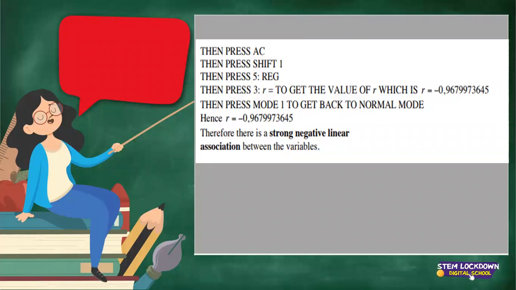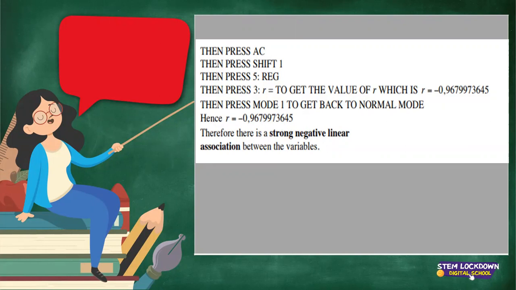So to comment on that, we say there's a strong negative linear association between the two variables, meaning as the age of the forces increases, the size of the score decreases. So that is the implication of that.